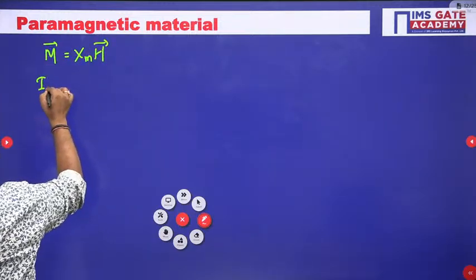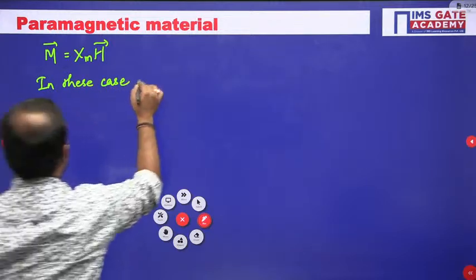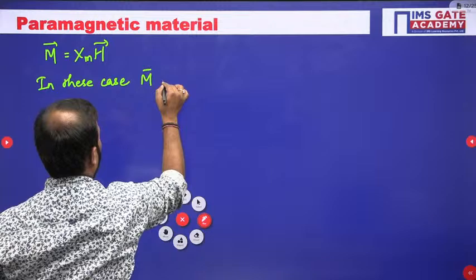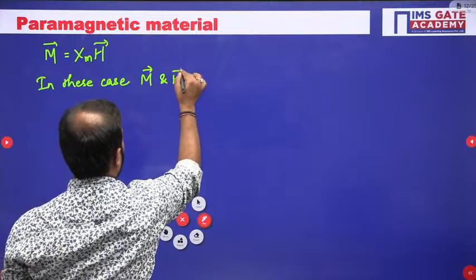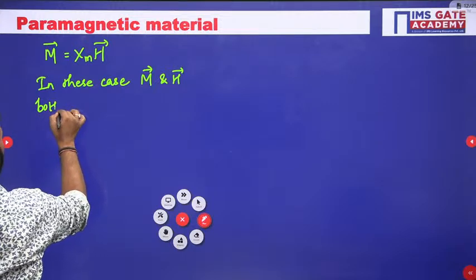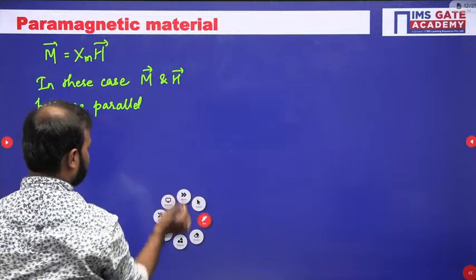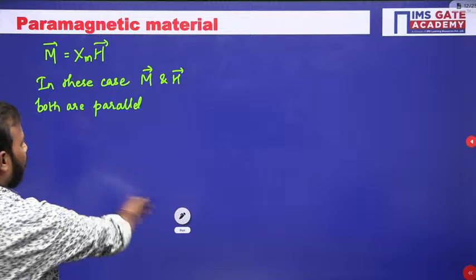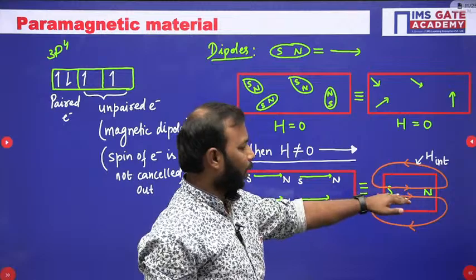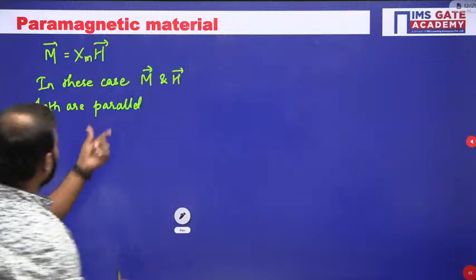In this case, M and H both are parallel, meaning both aligned in the same direction. How, sir? We have applied H in this direction and we are getting the magnetic field in the material in the same direction. So therefore it is parallel.